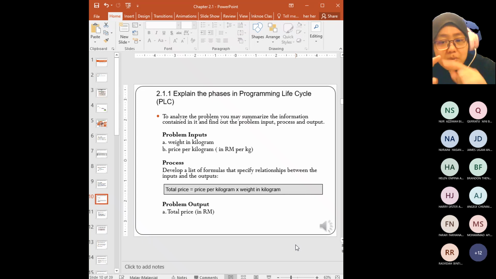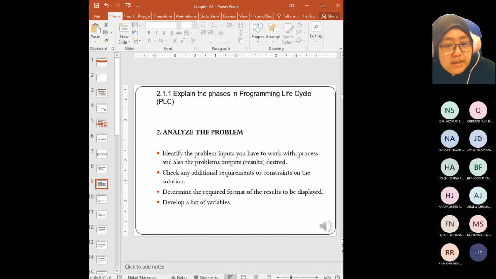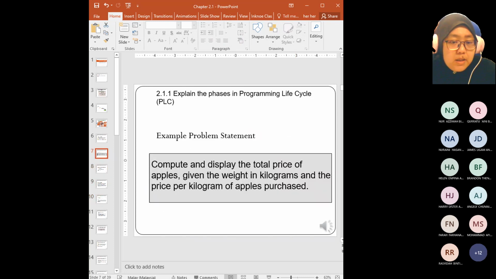Output dia kena keluar dalam bentuk playlist dan boleh tekan play all. Itu contoh. Okay, another problem is yang tadi iaitu ni nak kira berapa kilo apple tadi. So apps itu dia kena keluarkan berapa harga per kilo untuk setiap kilogram apple yang dibeli.